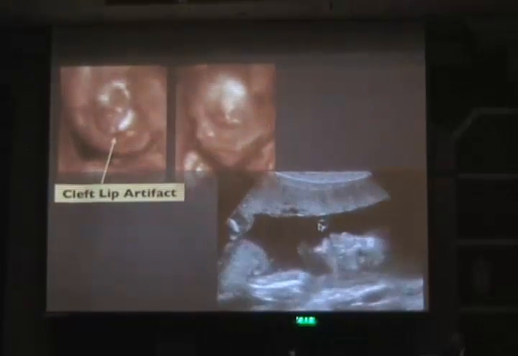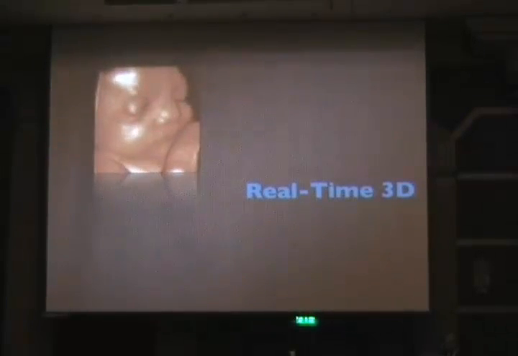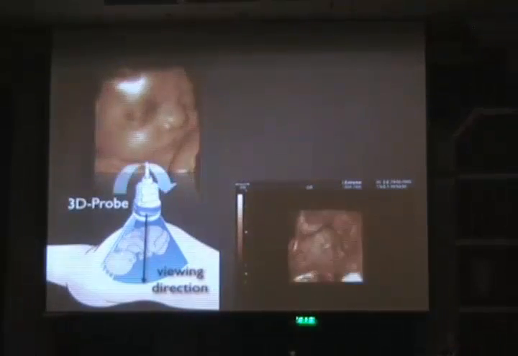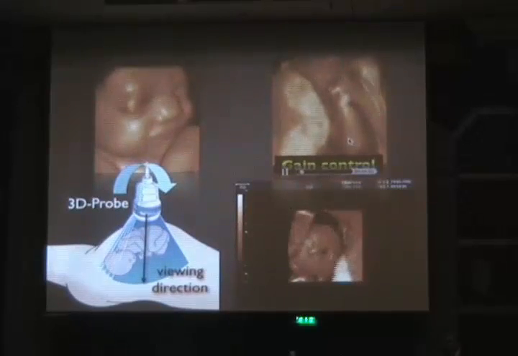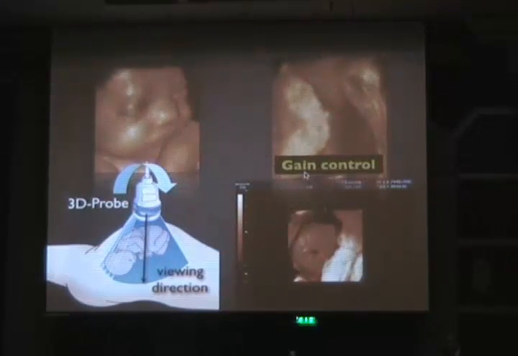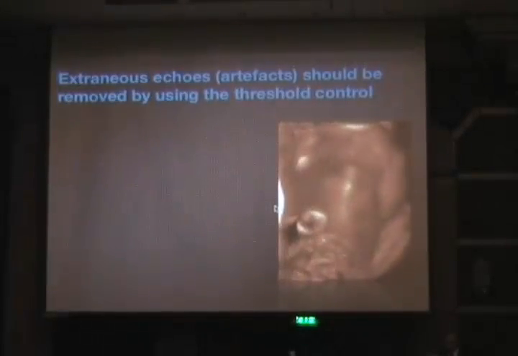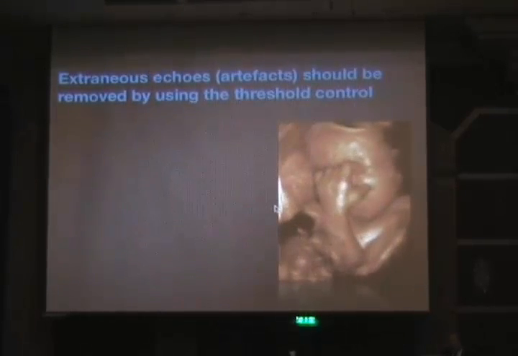So be careful when you use the 3D, and especially also the real-time 3D. It's better to see the movement of the baby, but you have several times this kind of image. You have to change the gain, and to have a better image like this one, take off the gain, so like this you can see the face better.